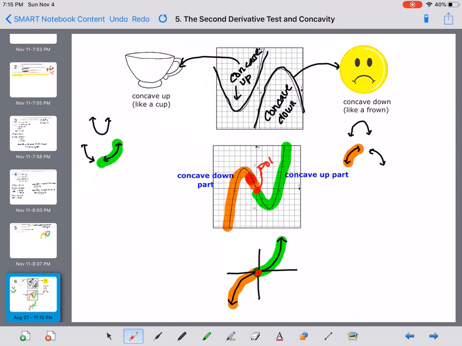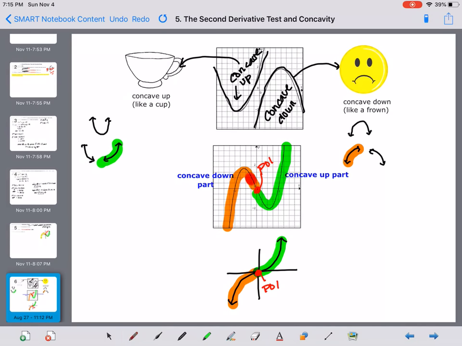Just like the graph here, that point is the POI, the point at which we change from concave up to concave down or vice versa. Again, there's only one type of POI, so we don't care which way it's going. We just care that it's changing sign.